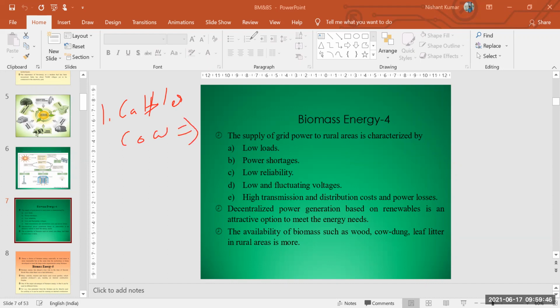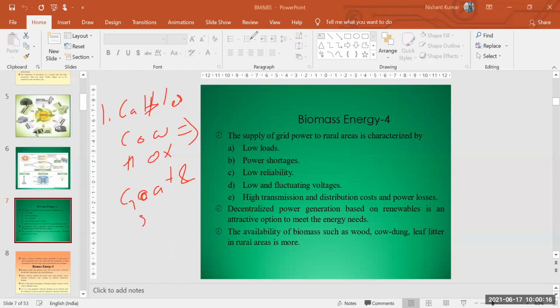Cow, horse, and oxen come in one domain. Goat and sheep are in a different category, and their residues have different energetic levels.